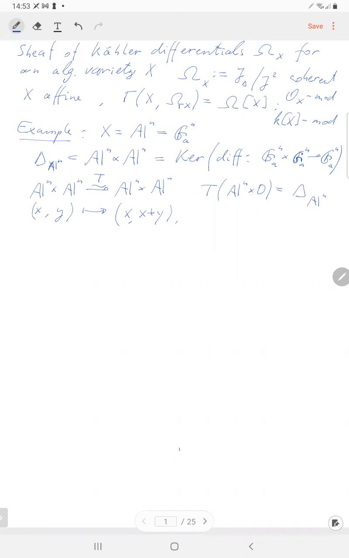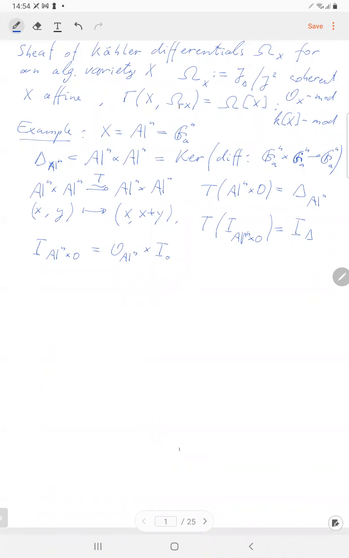And hence, we can easily compute this ideal of diagonal. So T of the ideal of A^n times 0 is the ideal of diagonal. And the ideal of A^n times 0 is just the functions on the first copy times the ideal of the origin in the second copy.